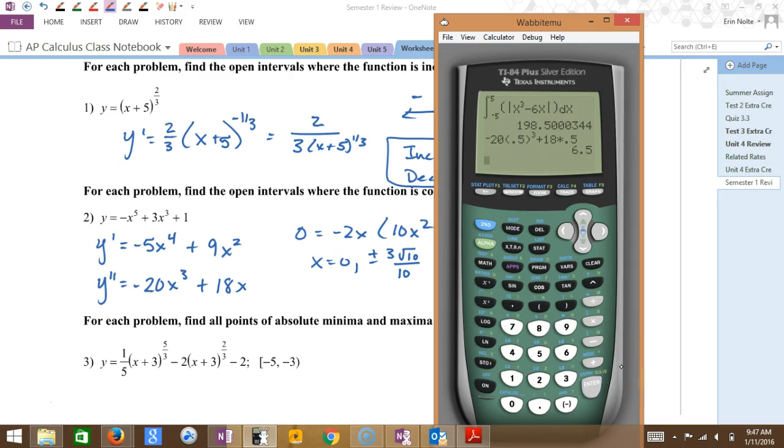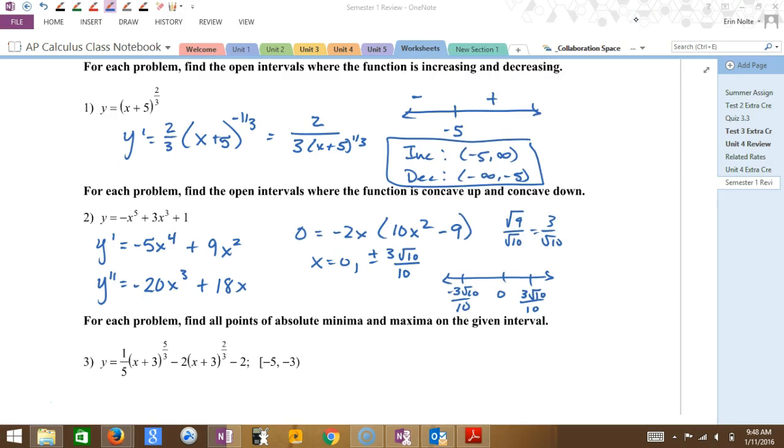So we get a positive. Write that down while I plug in a negative one. So negative and positive, right?